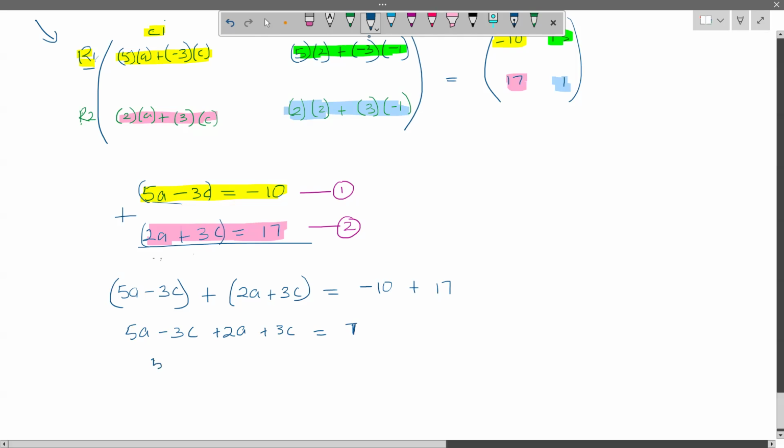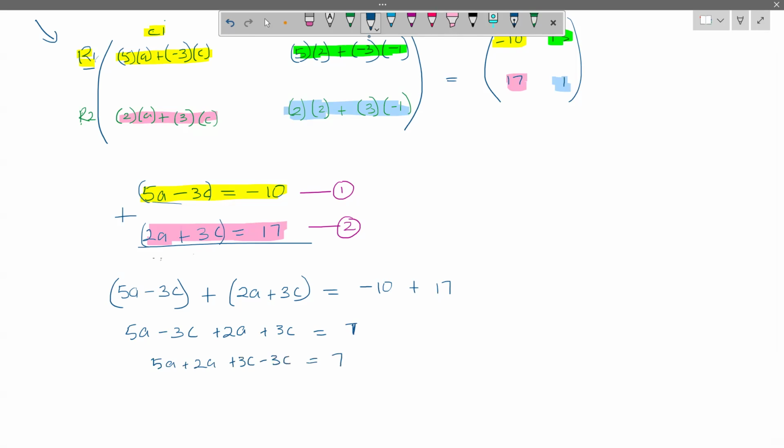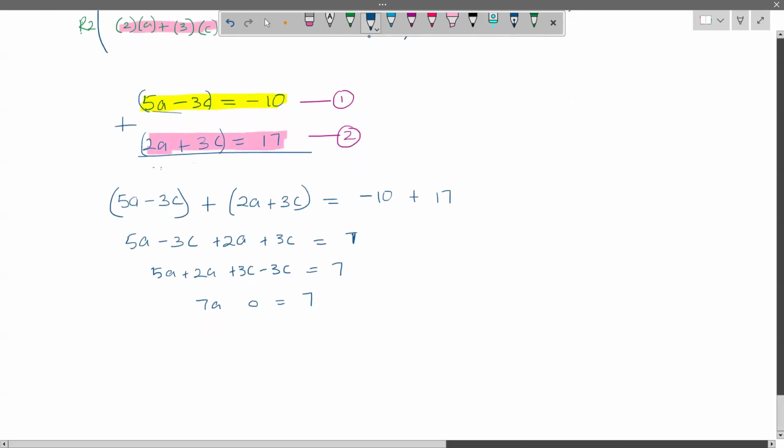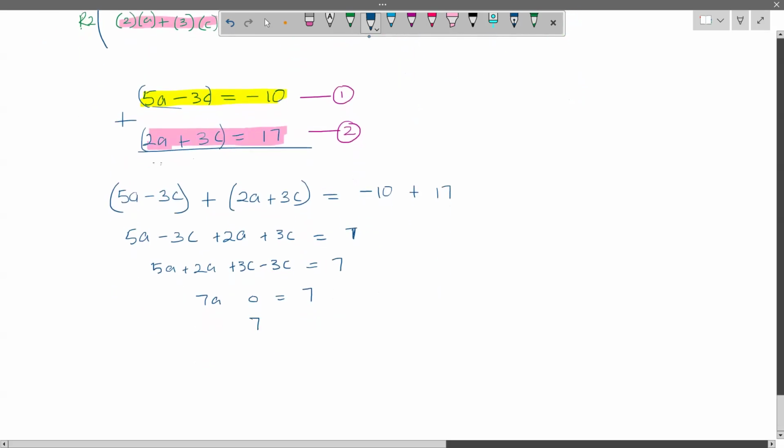Rearrange or group here. 5A plus 2A plus 3C minus 3C is equal to 7. I group my A's together and I group my C's together. 5A plus 2A will give me 7A. 3C minus 3C will give me 0. So that's how I eliminate the C. It doesn't have C there anymore. All I have is 7A is equal to 7.